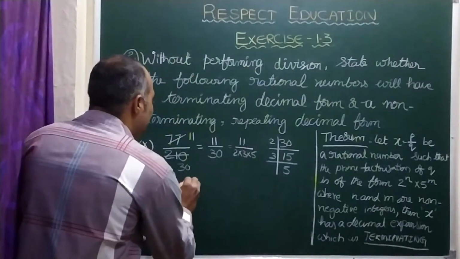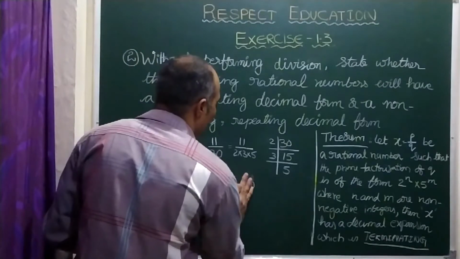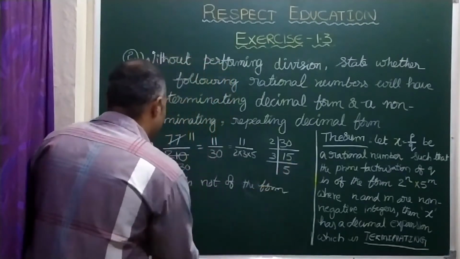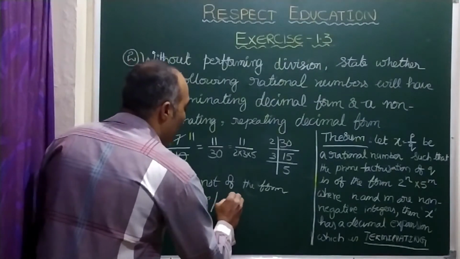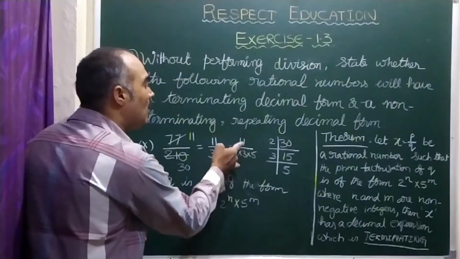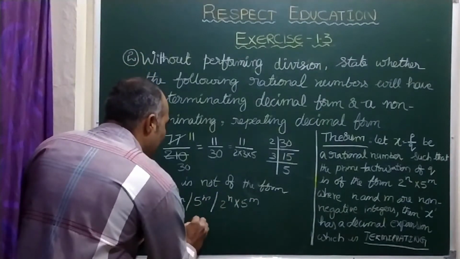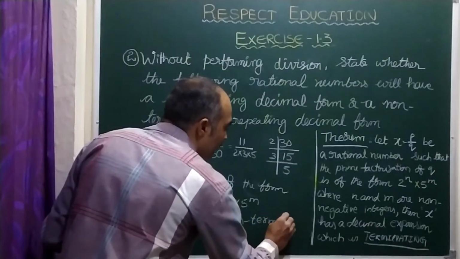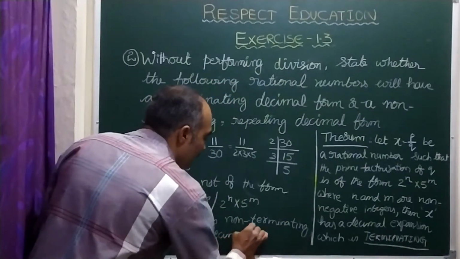Here q is not of the form either 2 power n or 5 power m or 2 power n into 5 power m, because here 3 is extra, and it cannot be cancelled, right? So it is not of the form of these. So it is in non-terminating decimal form.